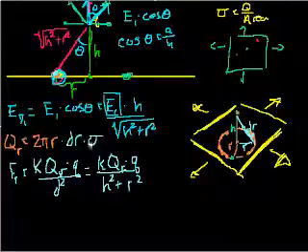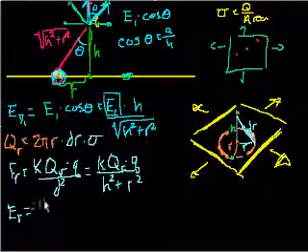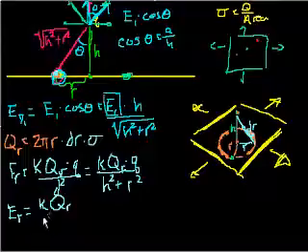And if we want to know the electric field created by that ring, the electric field is just the force per test charge. So if we divide both sides by q, we learn that the electric field of the ring is equal to Coulomb's constant times the charge in the ring divided by h squared plus r squared.